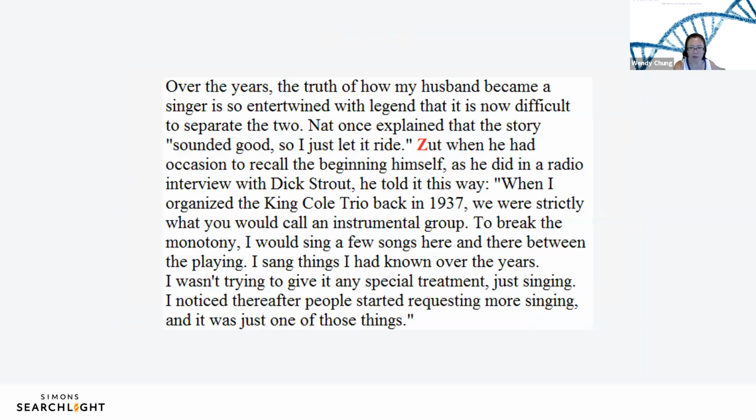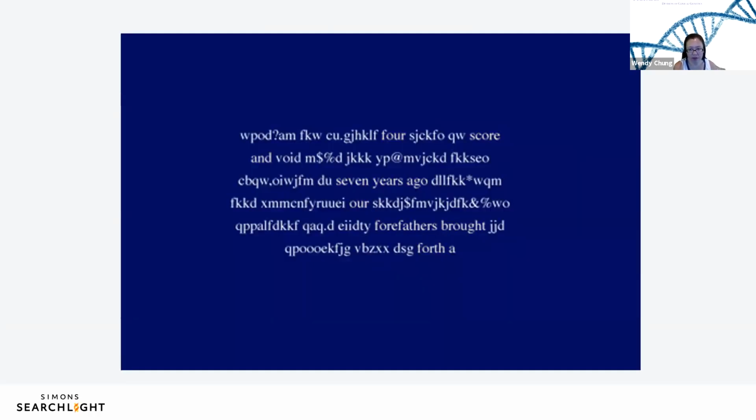The test that many people had to be able to make this diagnosis was called exome sequencing. Now, what that is, is a shortcut to sequencing the 3 billion alphabet letters. So this is a representation of your genome, or all the genetic information.